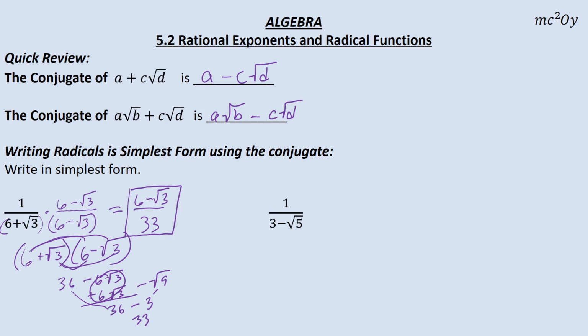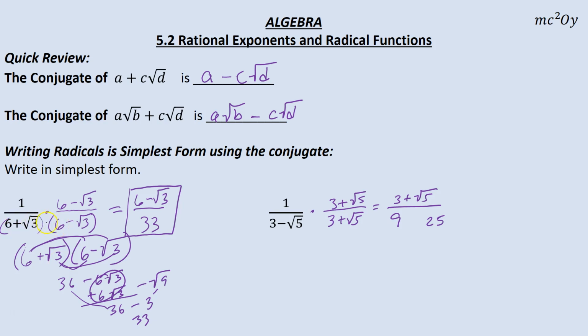Okay, so let's go ahead and try this one here. I'm going to multiply by the conjugate. The conjugate is 3 plus root 5. So 3 plus root 5 over 3 plus root 5. That gives me 3 plus root 5 on top. And 3 squared is 9, 5 squared is 25. You'll notice I'm not even bothering multiplying out like this because the middle term cancels.